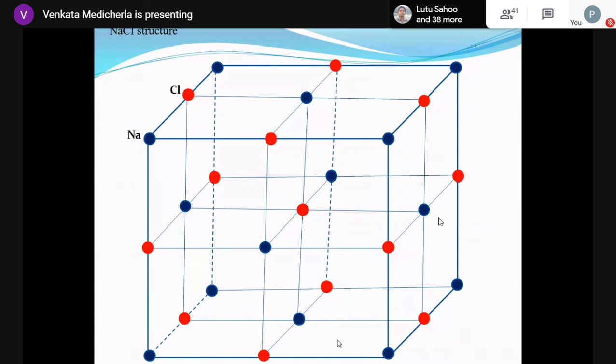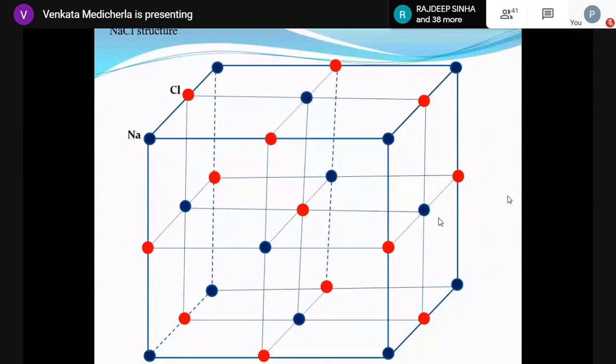Similarly, if you start from the middle plane and extend it to this side, chlorine also will have a face-centered cubic lattice. Such structures are called interpenetrating face-centered cubic lattices. That means sodium first forms a face-centered cubic, chlorine also forms a face-centered cubic, and they are interpenetrating. So if you ask what kind of lattice sodium chloride has, you should say face-centered cubic for both of them, one for sodium, one for chlorine.